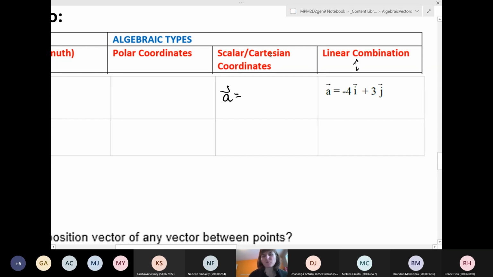So if I wanted to put it into Cartesian coordinates or scalar coordinates, I actually prefer, instead of this word, because to me coordinate means like point, I'd prefer to say component form. It would be just numbers. Who can tell me what they would be?